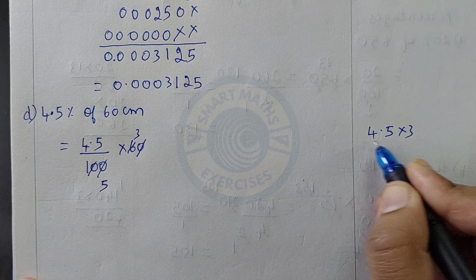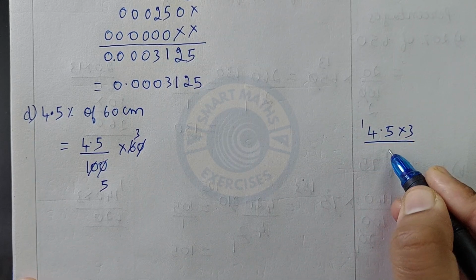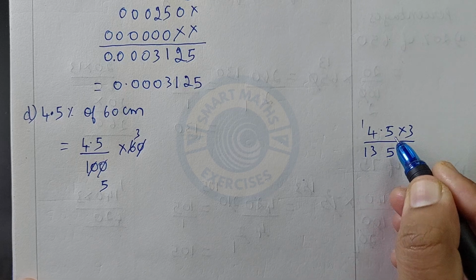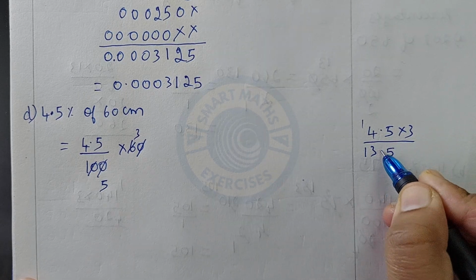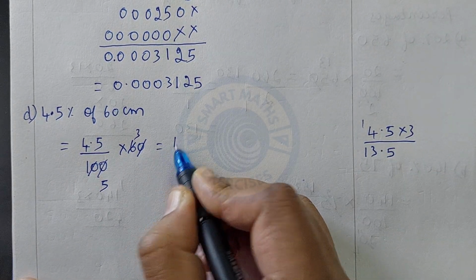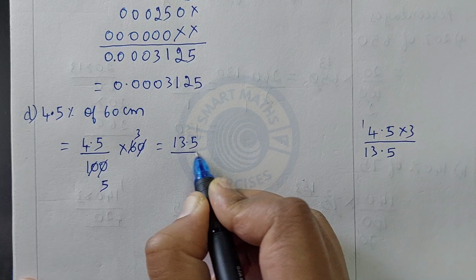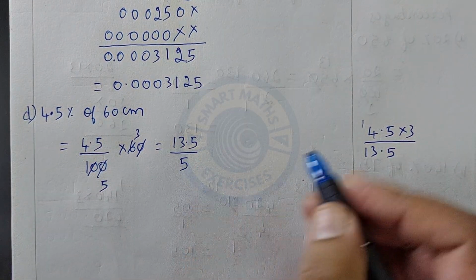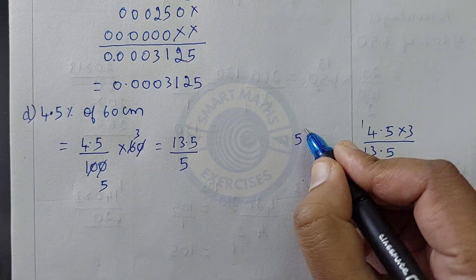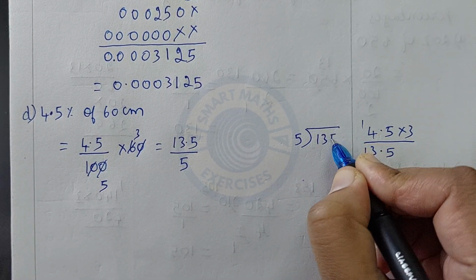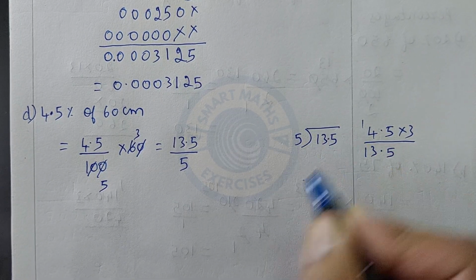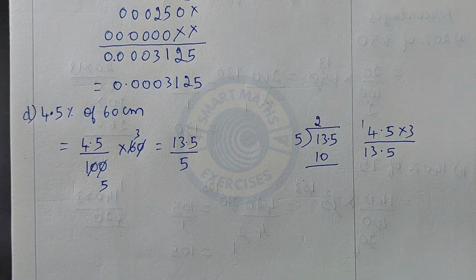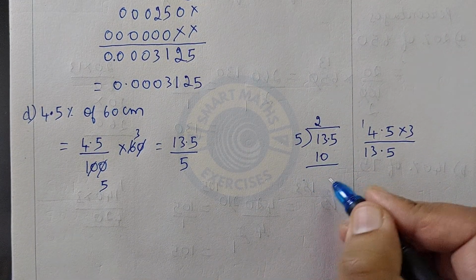4.5 into 3. 3 5s are 15. 3 4s are 12 plus 1, 13. Decimal point after one digit, 13.5. 13.5 remaining 5. Then divide 13.5 by 5. 5 twos are 10. 13 minus 10 is 3.